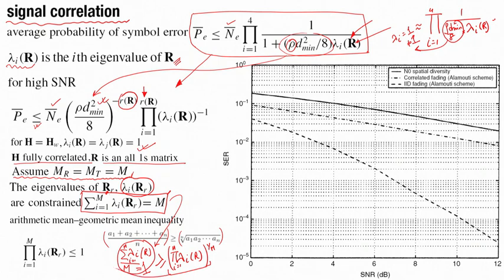So that is the result that is shown here. So now we see that the product of eigenvalues is less than 1.